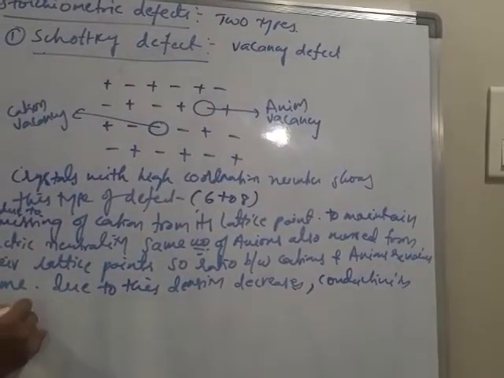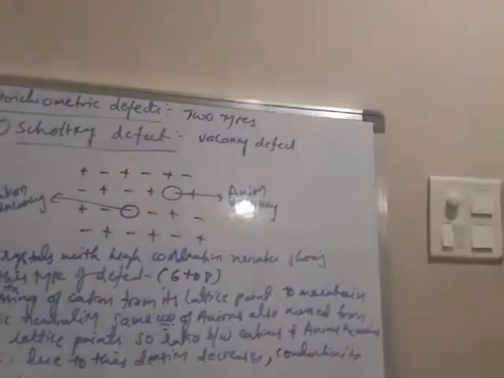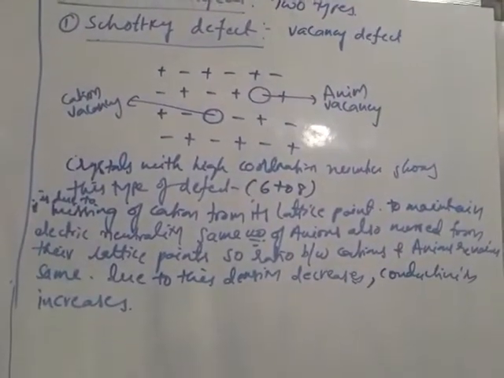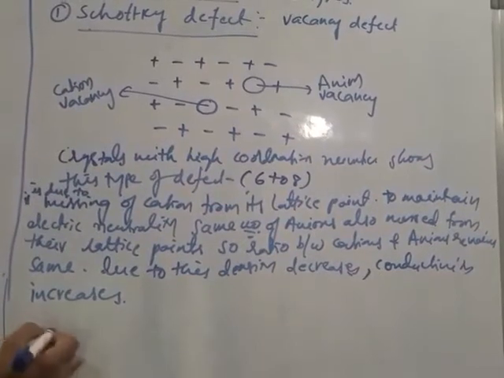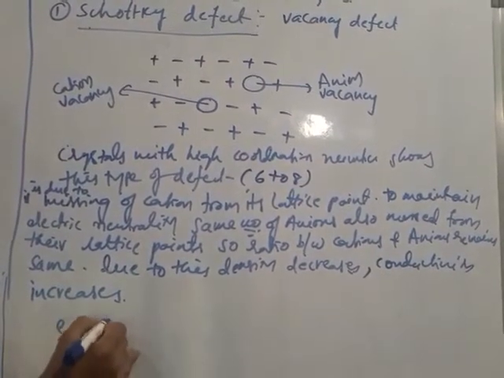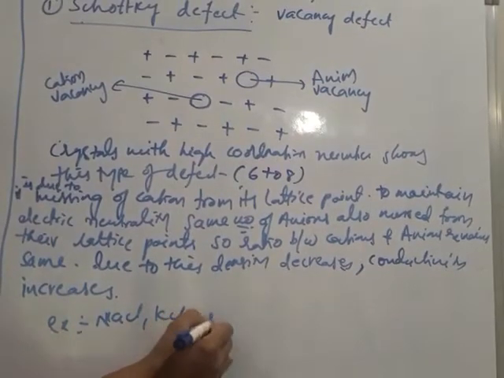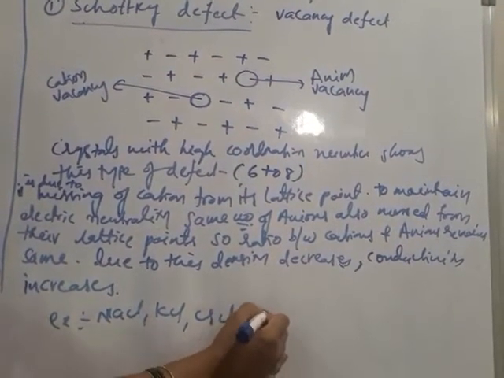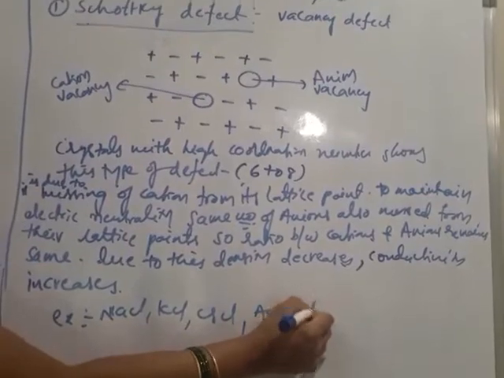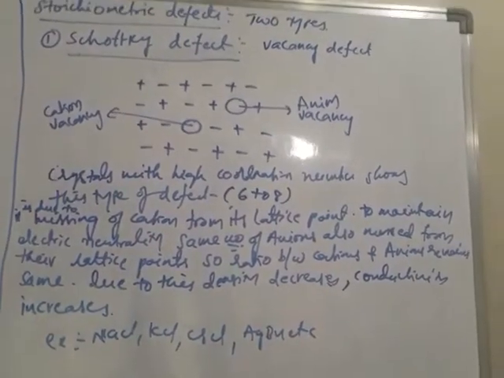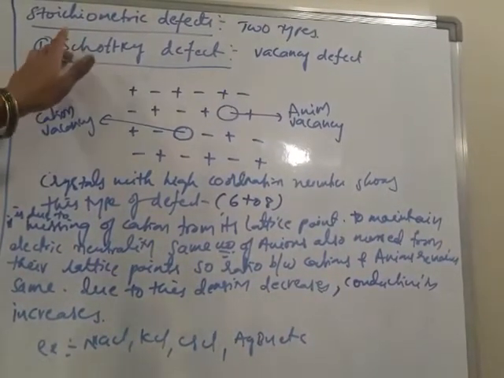Then coming to some examples regarding Schottky defect: NaCl, KCl, cesium chloride, and also silver bromide, etc. All these come under Schottky defect.